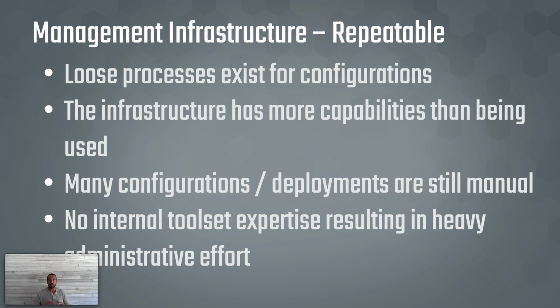In this kind of scenario, one person is doing many jobs, so it's very difficult to understand, and no internal toolset expertise might be the case, resulting in heavy administrative effort. And oftentimes that's because those individuals are burdened with many tasks and responsibilities. They're not just managing the devices.